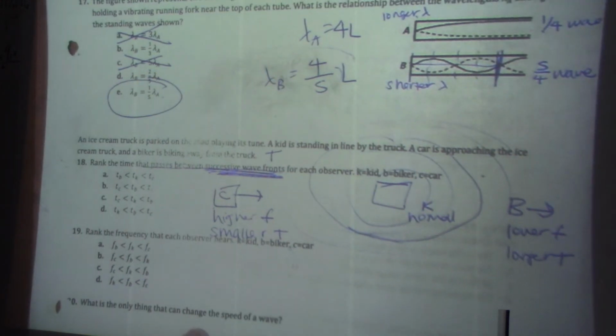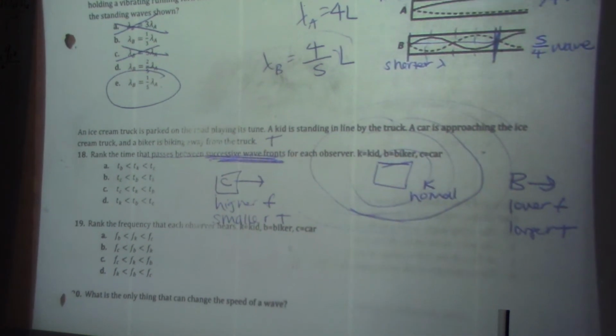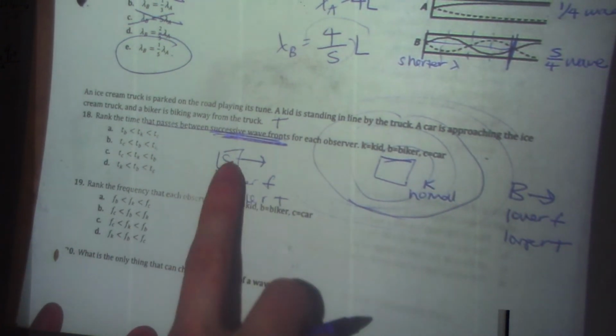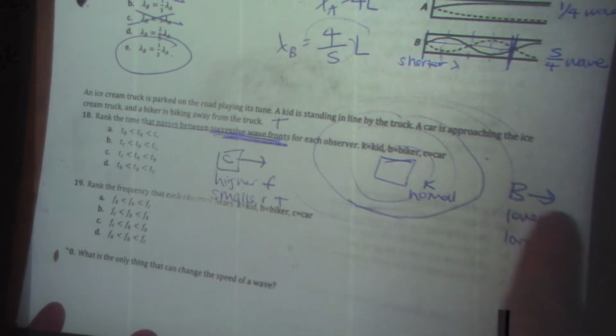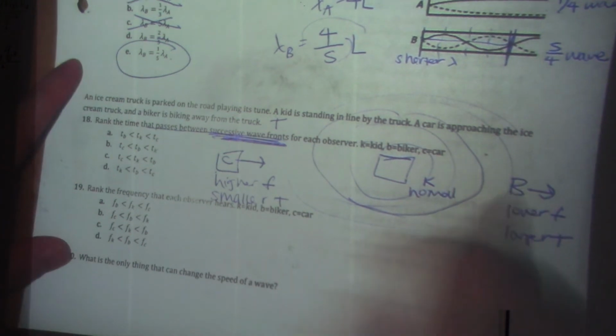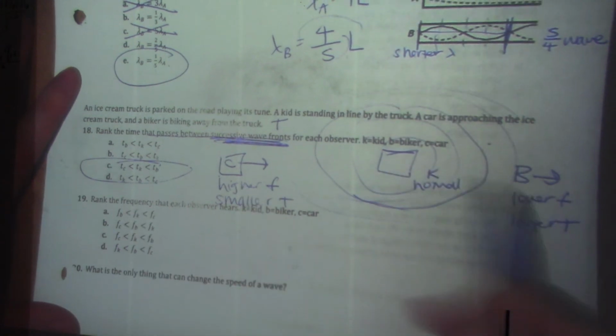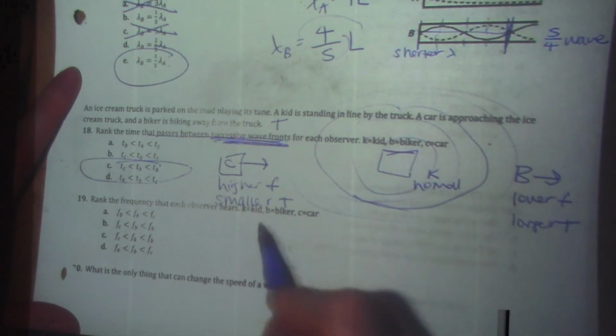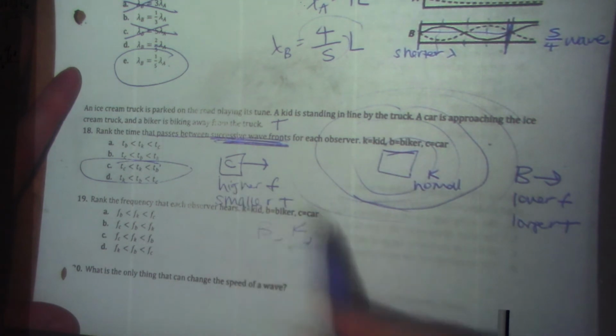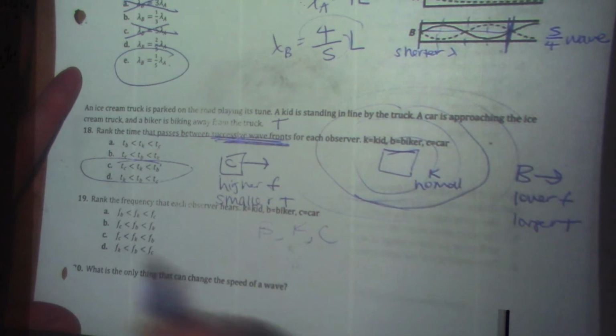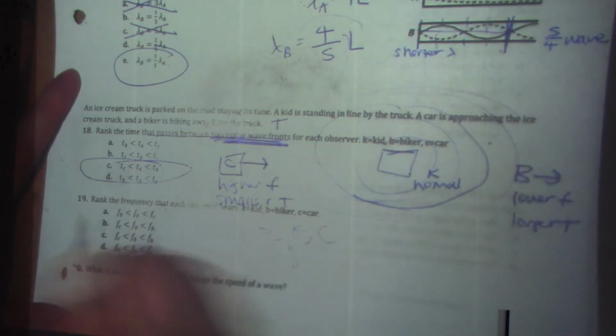So the smallest period would be the car, then the kid, and then the longest period would be the bike. So car, kid, bike. And then frequency, well, higher, lower, normal. So the lower frequency would be the biker, then the kid would be normal, and the car would be the higher frequency. So bike, kid, car, A.